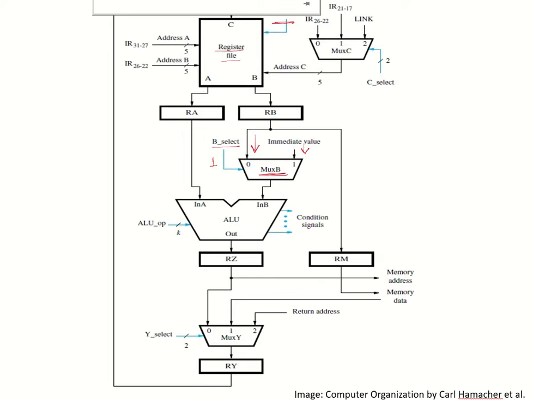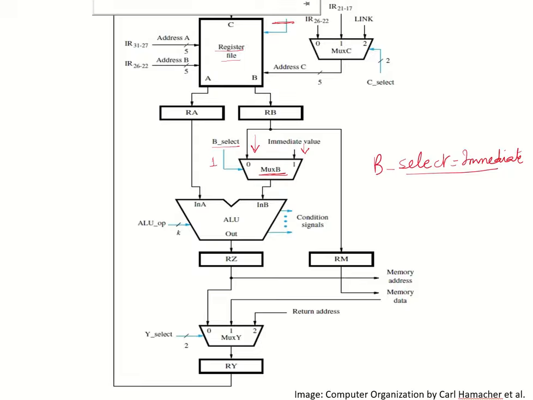This B select can be made equal to the immediate instructions. This means that for all the immediate instructions, this will be enabled.